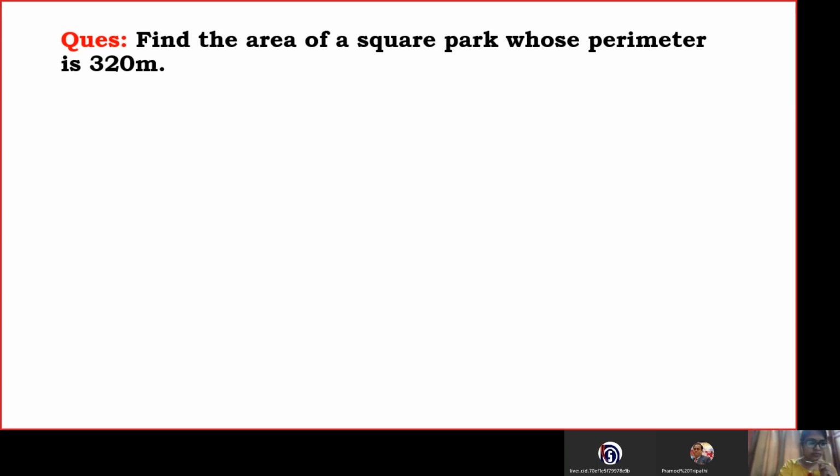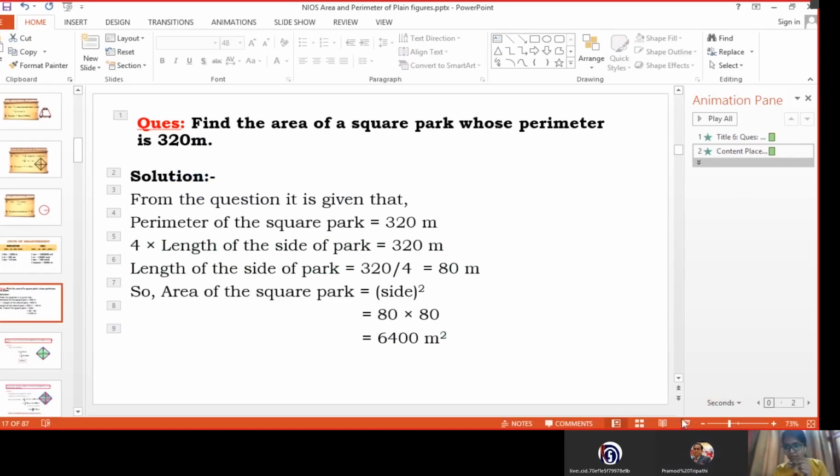Now, children, whenever we have to find out the perimeter of a triangle, you know that it is just equal to the sum of all sides. So suppose, as her doubt says, one of the sides is 15 centimeters, the other side is 16 centimeters, and the third side is 21 centimeters.